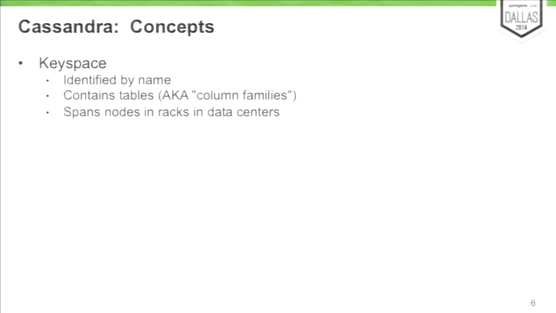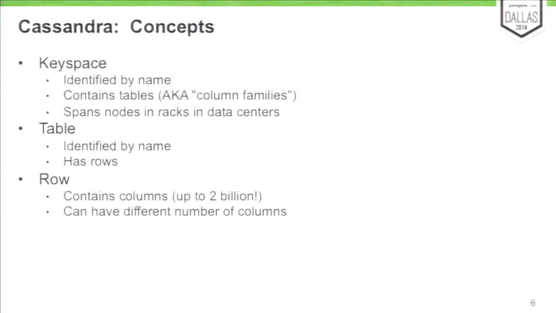It is built to be a distributed data store, so it knows about things like that. A table is again identified by a name, just like in SQL, and it has rows. The interesting thing about a row is it can contain up to 2 billion columns, which is a lot, but not each row has to have the same number of columns. Okay, so that's a key differentiator from SQL.